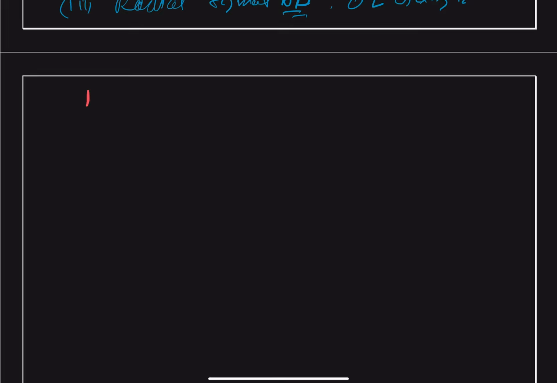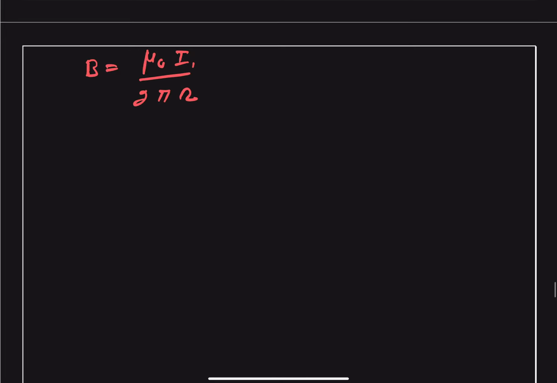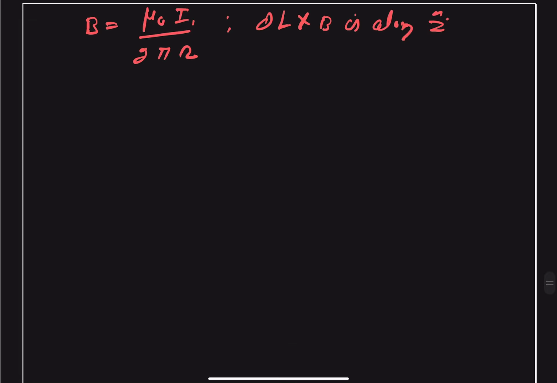Therefore the magnetic field B will be equal to mu naught I1 divided by 2 pi r, and dl cross B is along the Z unit vector. So we can find FAD, which will be equal to the current, integrated from R1 to R2, dr r unit vector, and the current is I2.